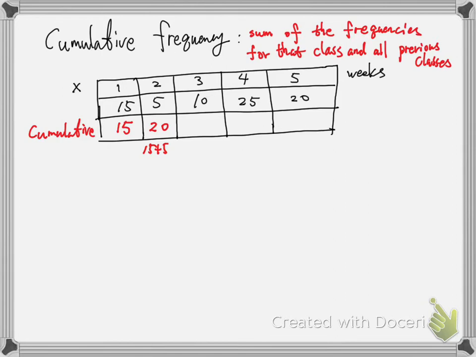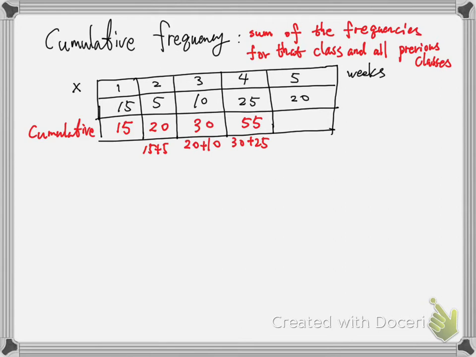So week 3, we need this week's number 10 and everything before that, which is 20. So this is 20 plus 10, the third week and the first 2 weeks give us 20. So we got 30. For week 4 we have 25, and everything before week 4 totals 30, so we get 30 plus 25, 55.